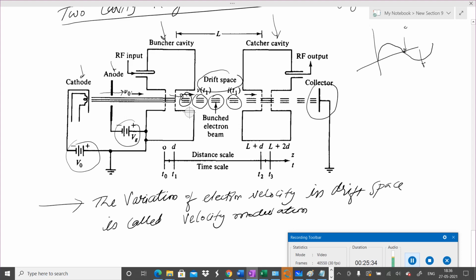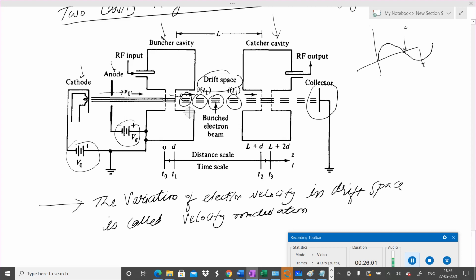To get more insights, we need to do some analysis. We will derive some equations of transit time, and there will be a particular angle called the gap transit angle. Then we will derive the average microwave voltage in the buncher gap, how to find that, and finally we will get some equations about gain also.